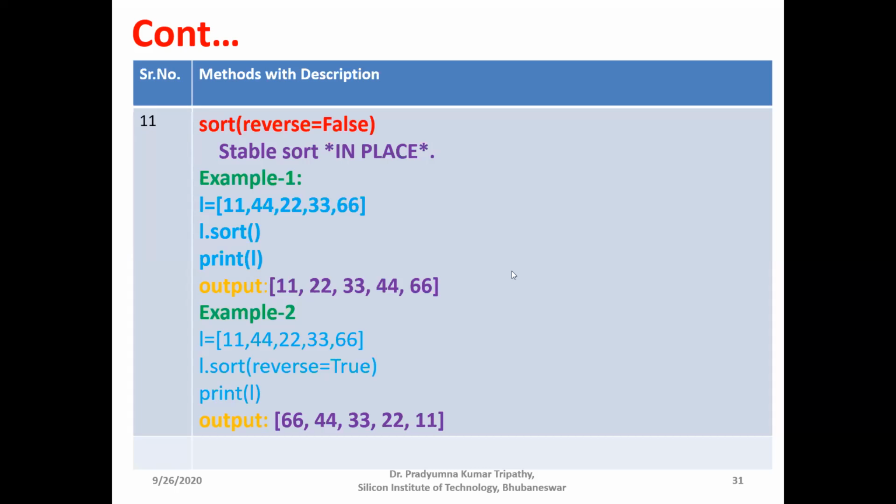Roll number 23, present as roll number 23. Roll number 31. So roll number 11 and 23 are absent. Okay.